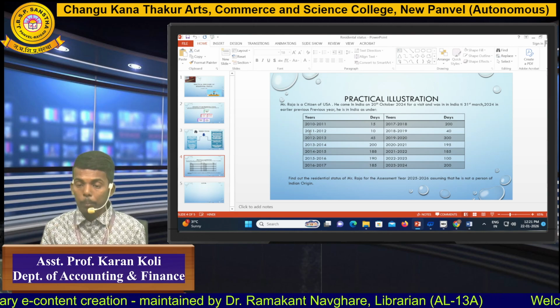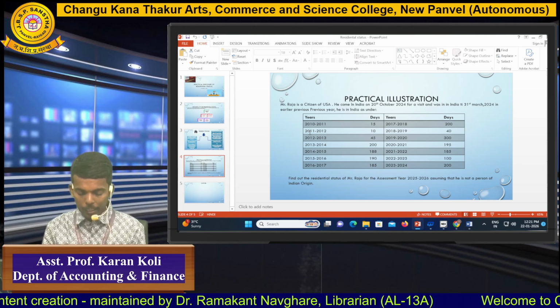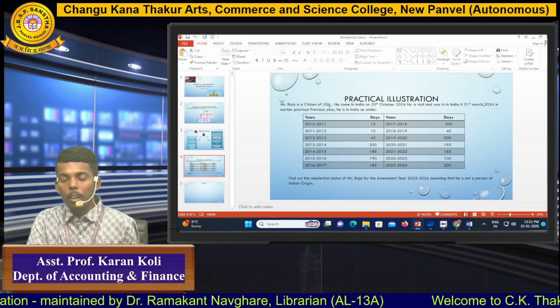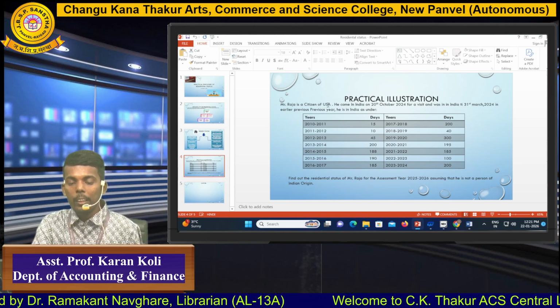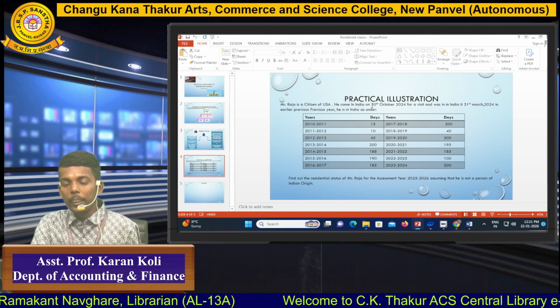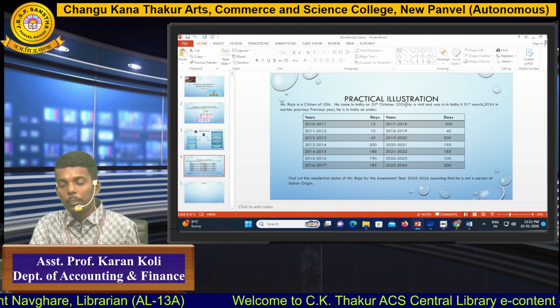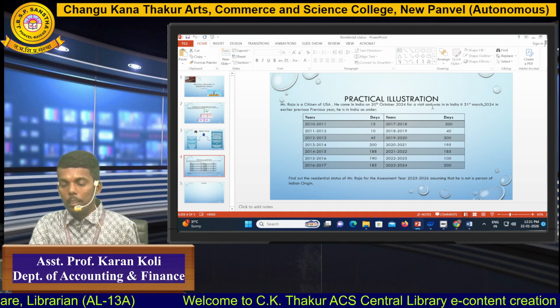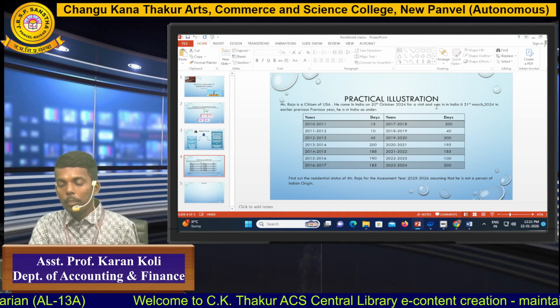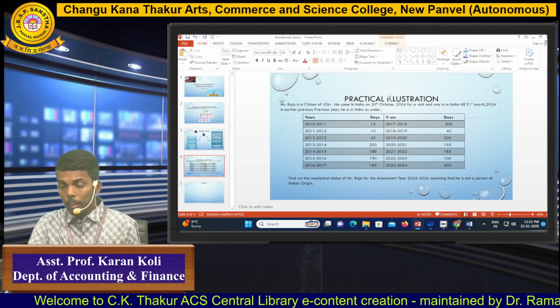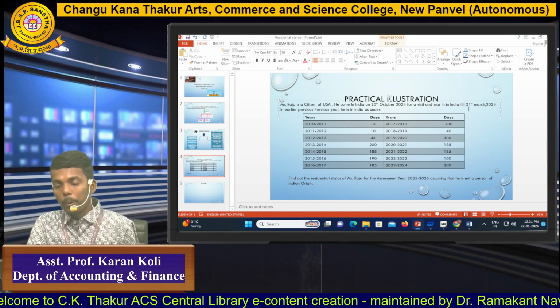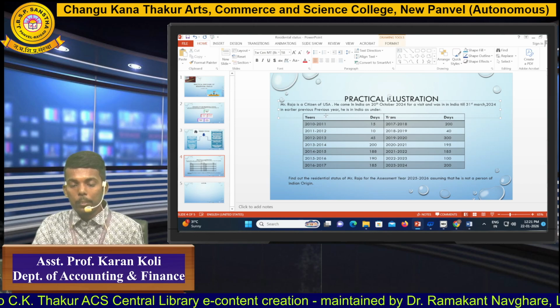Illustration number 1: Mr. Raja is a citizen of the USA. He came to India on 20 October 2024 for a visit, and he was in India till 31st March.